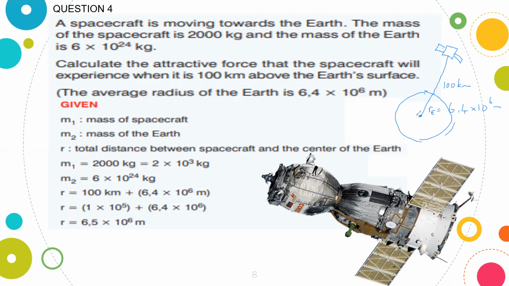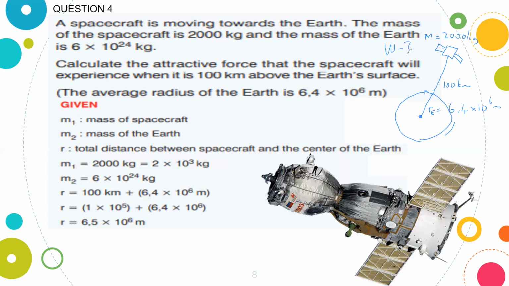Do you remember what we said? If your object is not on the surface, we need the total distance to calculate our gravitational force, other name is weight. We know the mass, 2000 kg. What are we looking for, people? W. W, A, B, it doesn't matter. We are looking for weight.